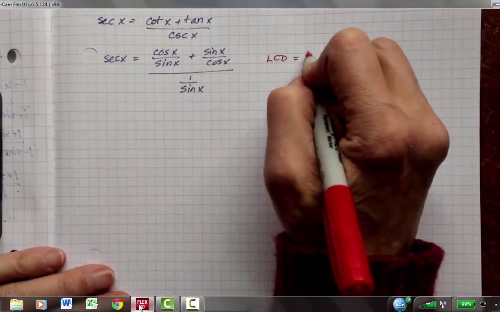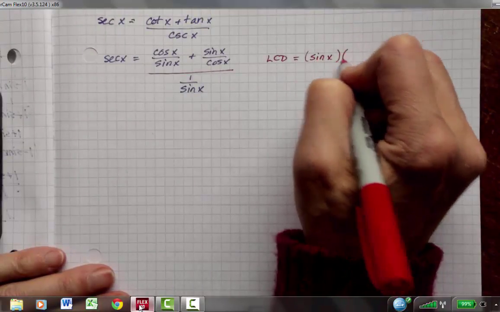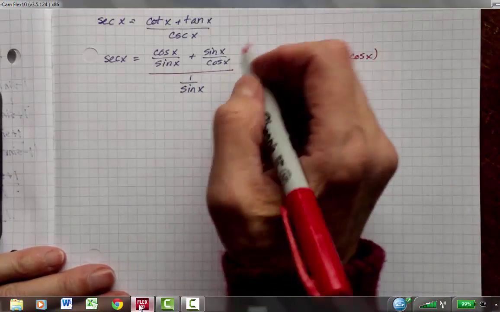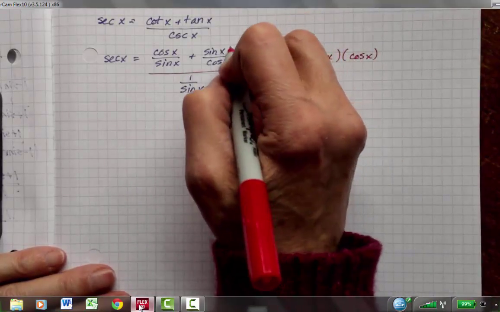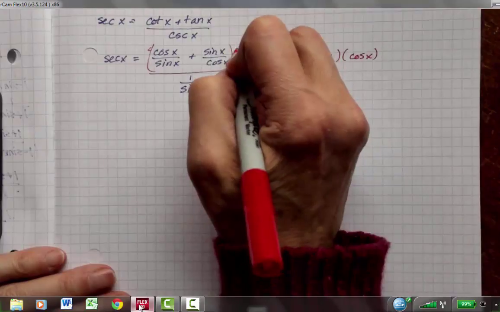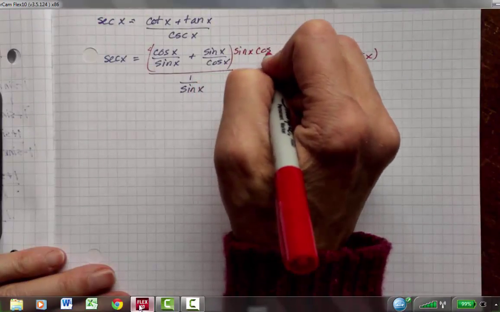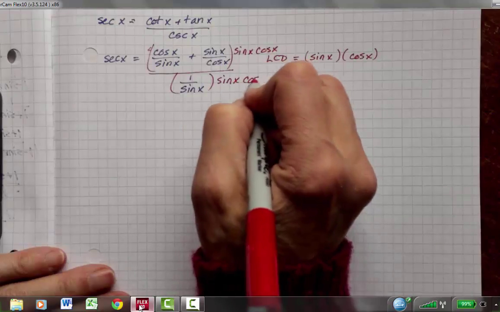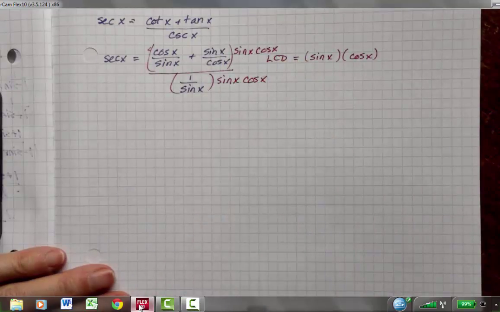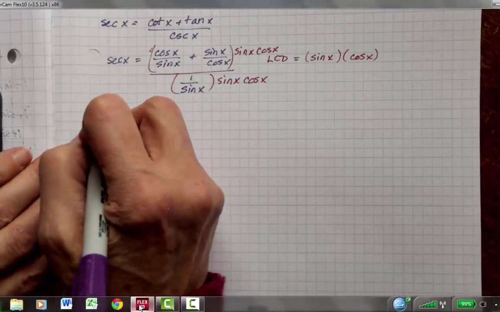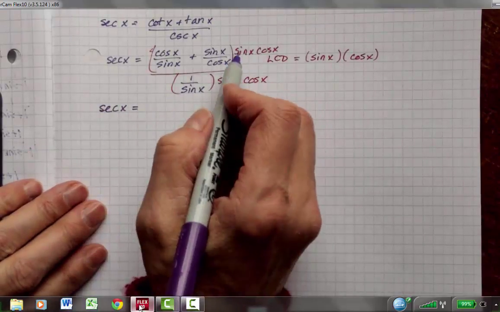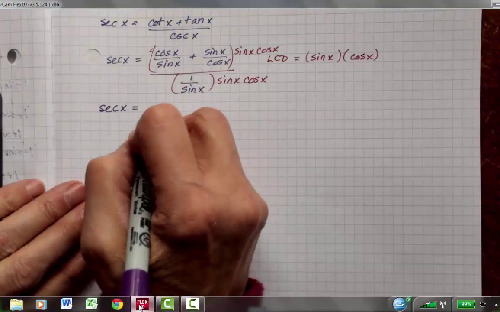So my LCD is going to be sine x times cosine x. And I'm going to multiply my numerator by that and my denominator by sine x cosine x. When I do that, on the left I still have secant x sitting there. On the right, I'm going to have sine x cosine x times this.